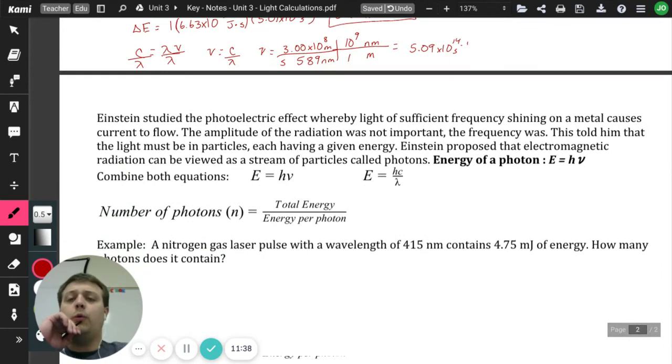So where did we go from here? So Einstein, we all know Einstein, what he did was he actually studied this photoelectric effect.